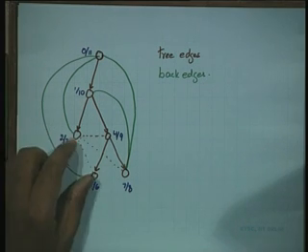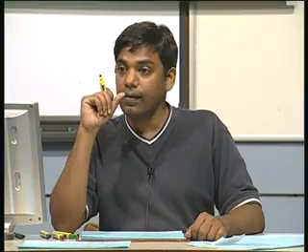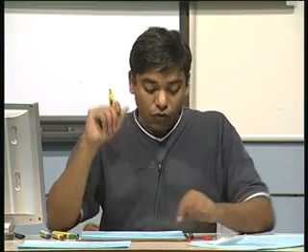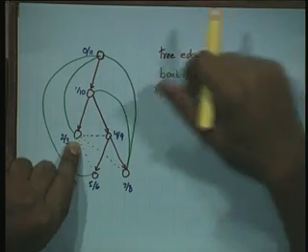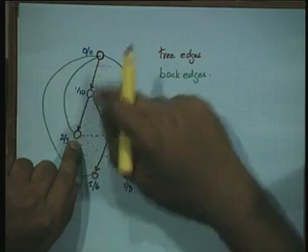Sibling, but this and this are not siblings. Ancestor, there is no ancestor. So what are the edges which can emanate from here? They are only edges which go up to the root or to ancestors.